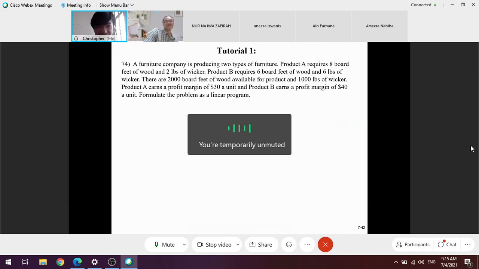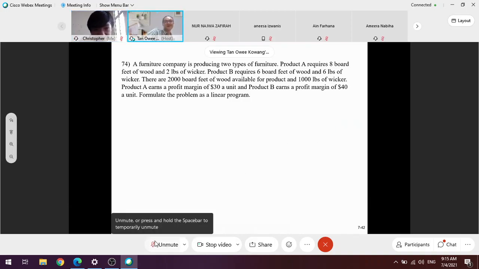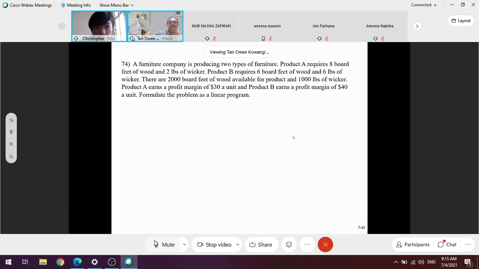Okay, how many decision variables are there for this tutorial? Two. What are the two? Yes, you can get this from the first sentence.